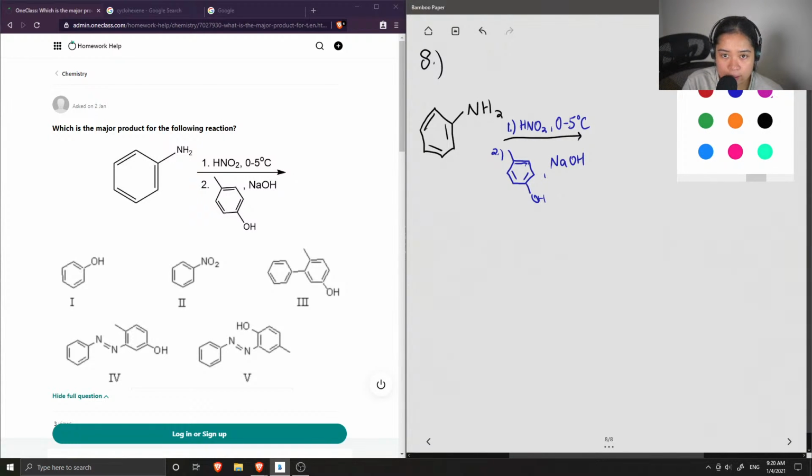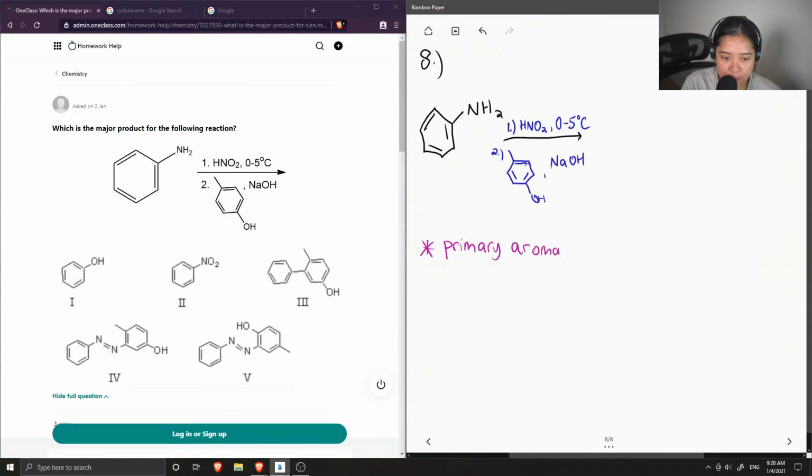Okay, so now let's analyze what we have. We have a primary aromatic amine, and it reacts with nitrous acid. So it reacts with nitric acid, or nitrous acid, sorry.